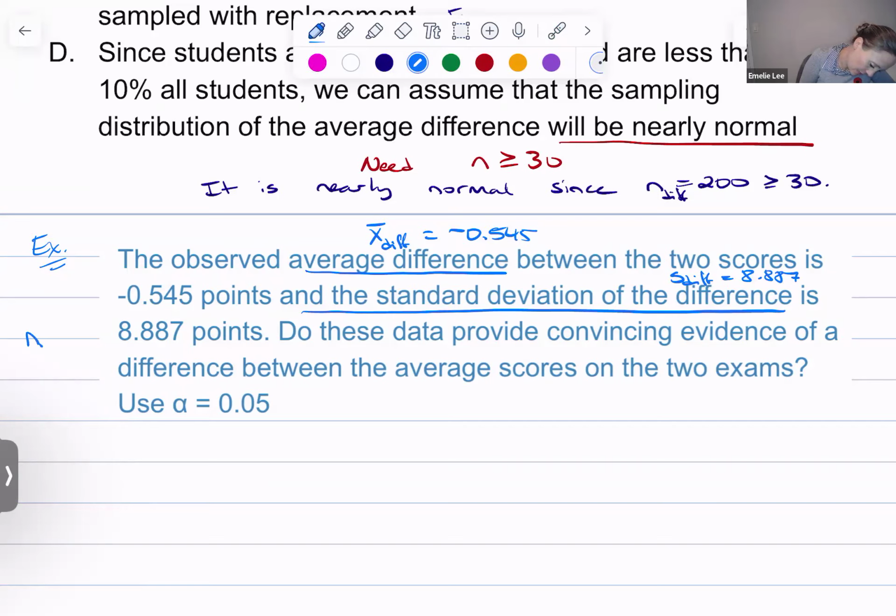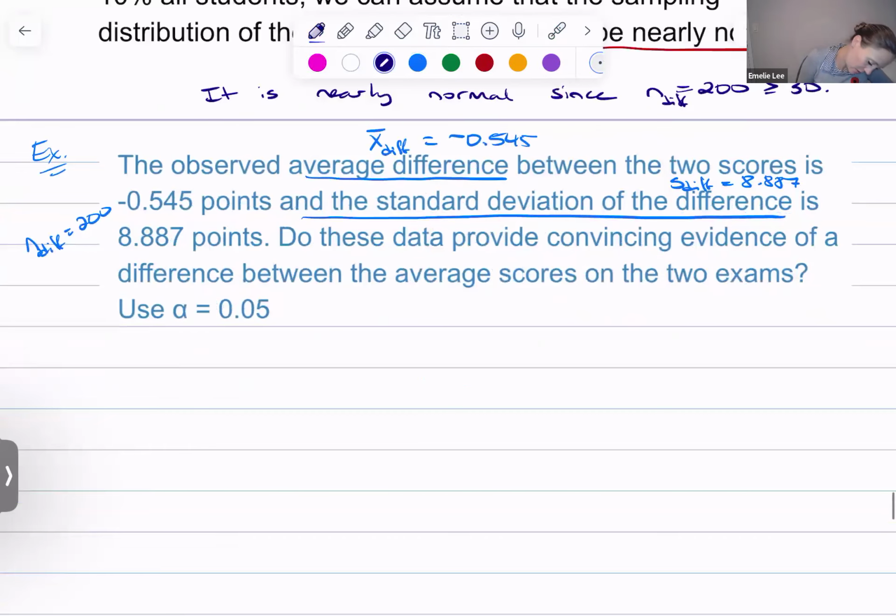And we also know that N diff is equal to 200. And we want to do a hypothesis test. We checked the conditions above. So here's step 0. Check the conditions.